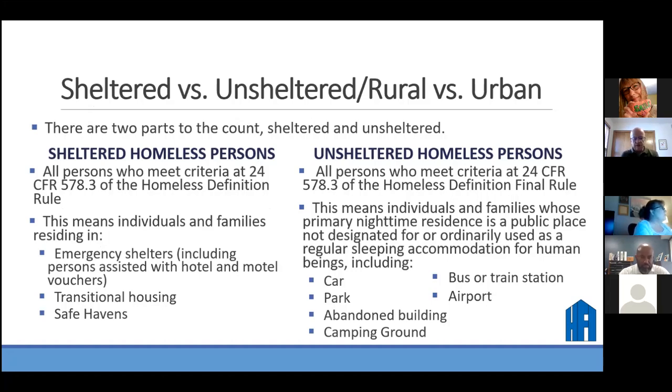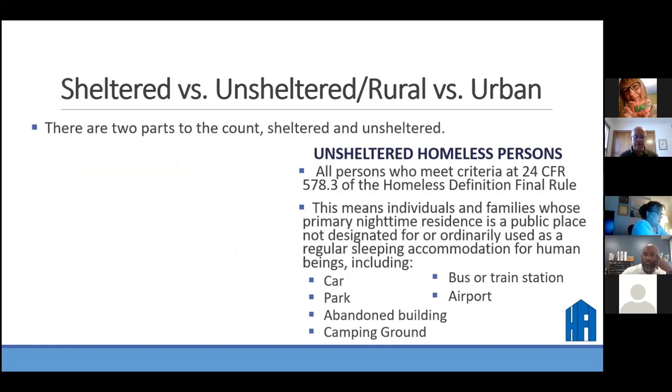And then we look at the unsheltered homeless persons, with references to the definition in HUD documentation, and you see those places they list in the HUD trainings, which include a bus or train station or airport. We don't really have those so much in rural Iowa.